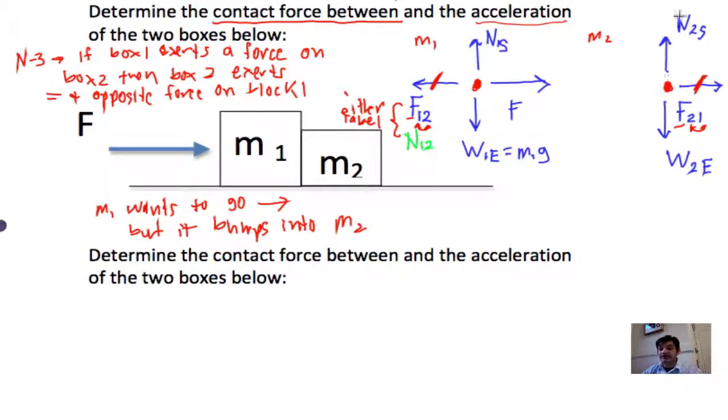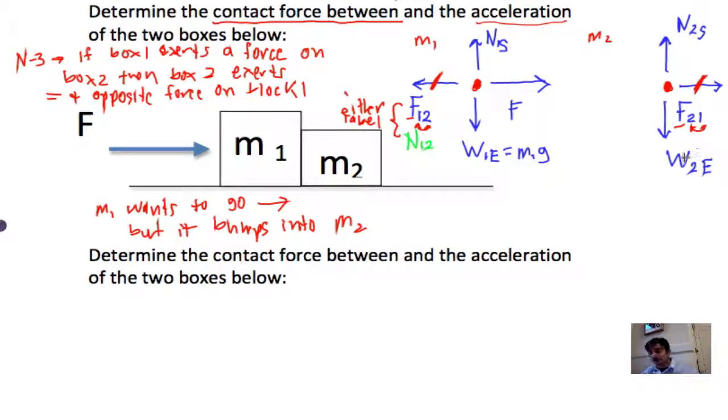So one thing I want to take note of right now, this guy right here and right here, those are not third law pairs. So get that out of your head now. The normal force and the weight are in no way third law pairs. Okay? They're not even related.